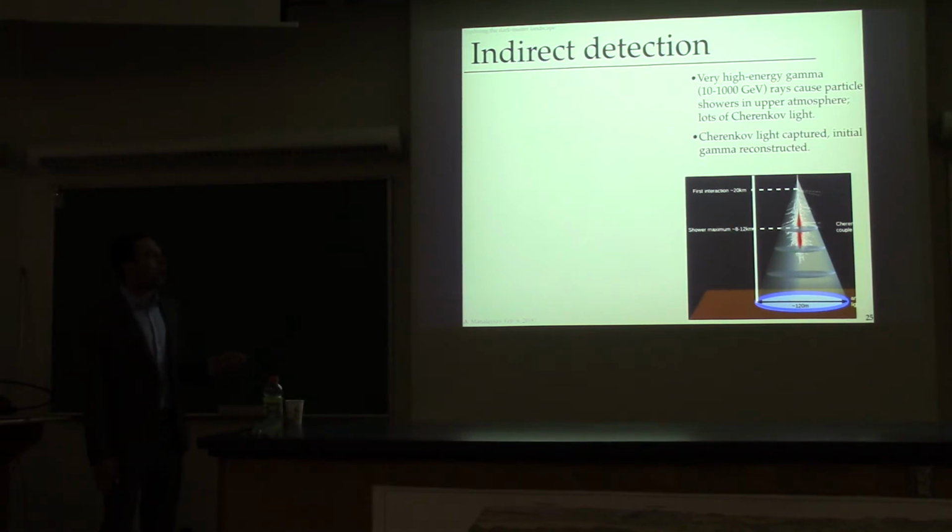Okay. Many charged particles. So a gamma ray comes in, smacks into the upper atmosphere, and produces a big shower of many charged particles, many of which are moving faster than the speed of light in air. So they produce Cherenkov radiation. It's basically a shock wave in air. And that Cherenkov radiation can propagate down to the surface of the Earth, where we can image that with telescopes.